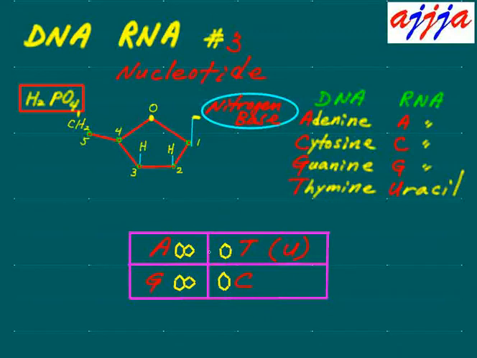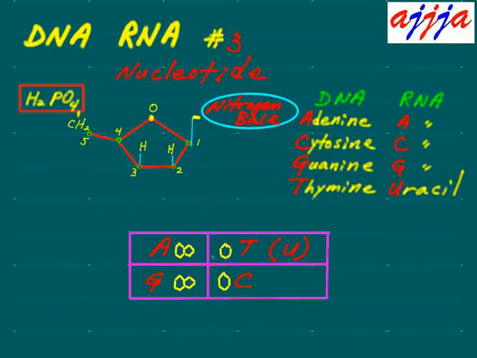I made this special picture right here. I want you to remember this picture just like this: left hand side A, G, then right hand side T, C. I told you about that. U is used for RNA.